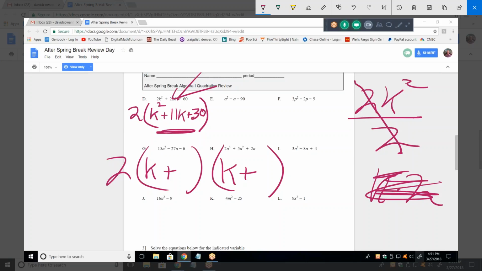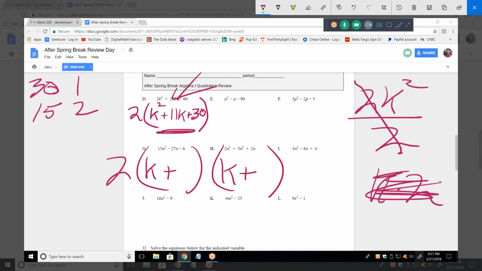There's a big difference. They have to add to 11. So I'm going to go over here on the left and start looking at my factors of 30. I always do these the same way, and I would recommend you do it a similar way. If you can cut the first one in half, do so, and then double the other number.